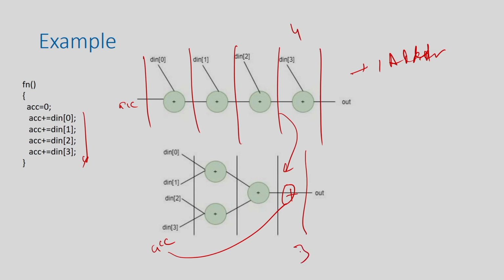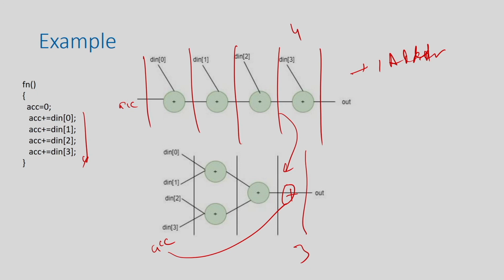So, after doing this, although there is a loop carried dependency, after unrolling I can restructure this dependency graph to improve the performance as well, right. The basic idea is that if there is a loop carried dependency, unrolling does not help much, right. That is the basic takeaway from this discussion.